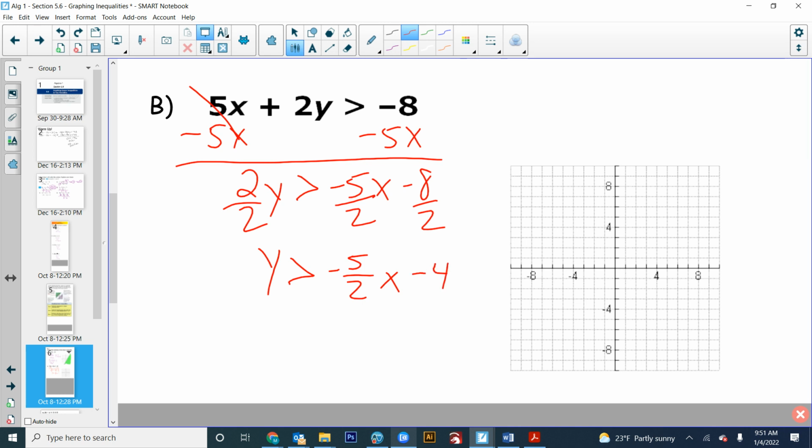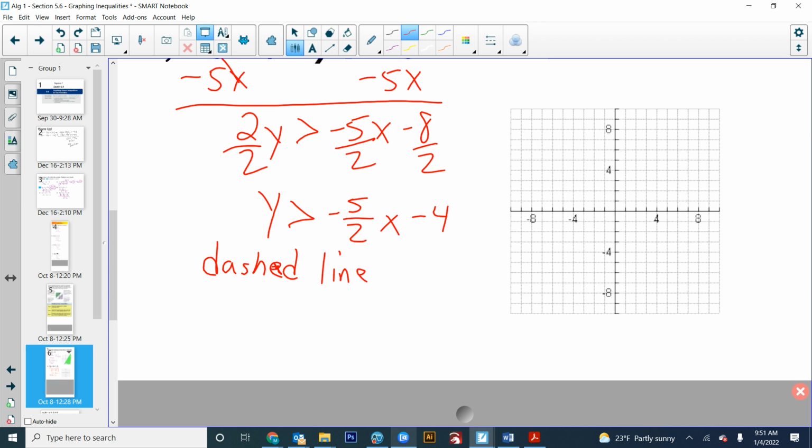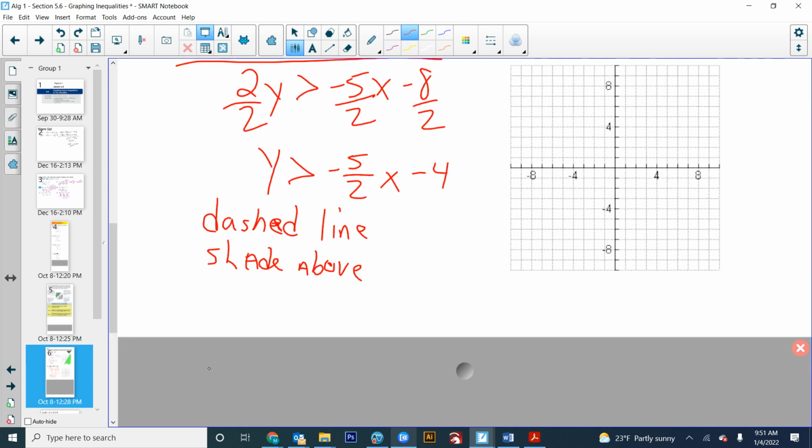That's my equation. Now let's talk about what kind of line it is. Solid or dash? Dash line, right? Above or below the line, Liv? Now we're going above. Shade above. Okay, what's my slope?